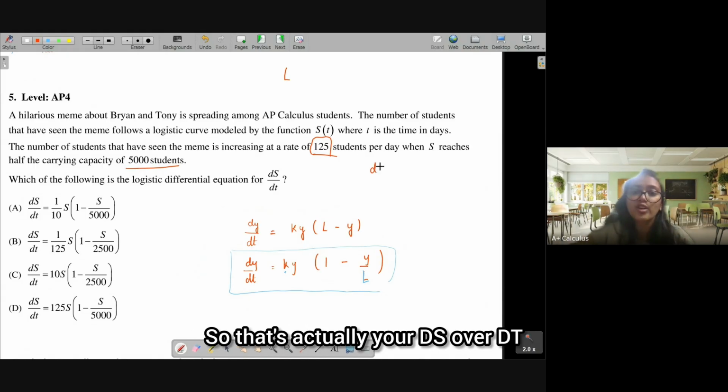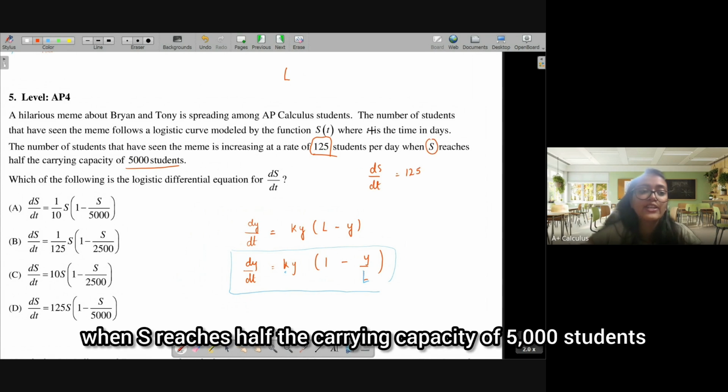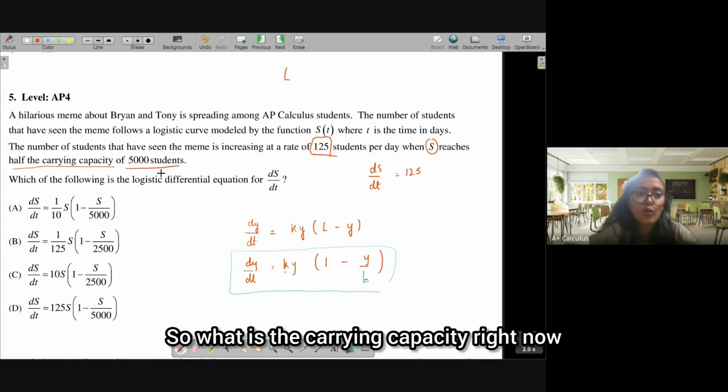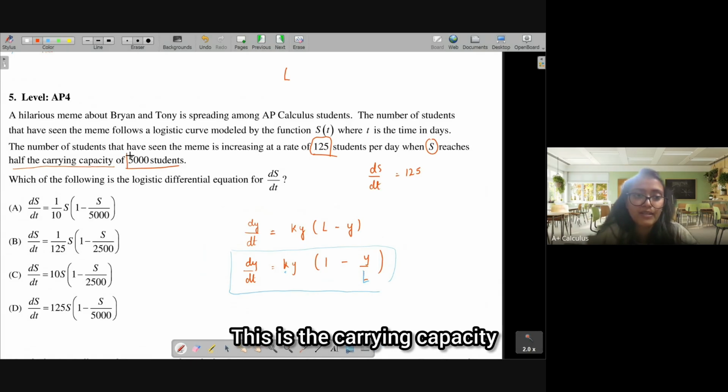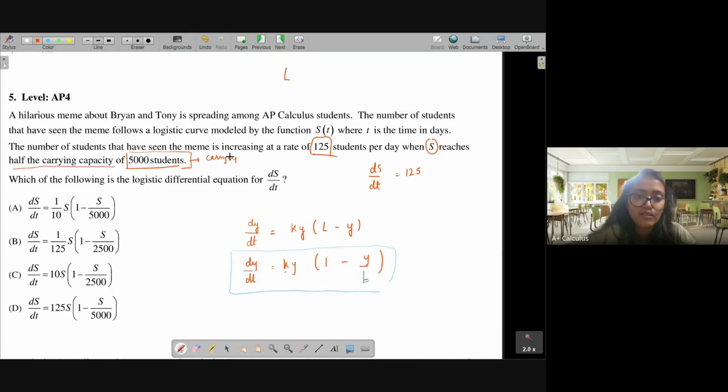So that's actually your ds over dt. ds over dt is 125. This is happening when S reaches half the carrying capacity of 5,000 students. So what is the carrying capacity? This is the carrying capacity. So that means this is L.